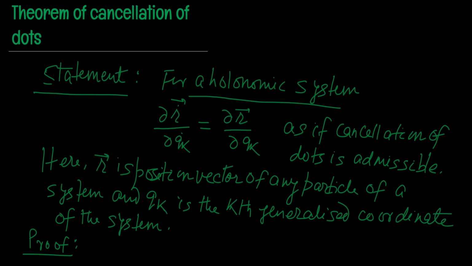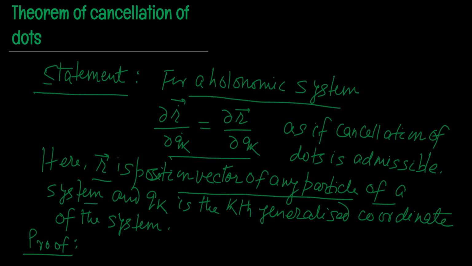So this theorem is called the theorem of cancellation of dots. The statement says, for a holonomic system, this condition will be satisfied, that is del r dot by del qk dot will be equal to del r by del qk, as if cancellation of dots is admissible. In this expression, r is the position vector of any particle of a system.